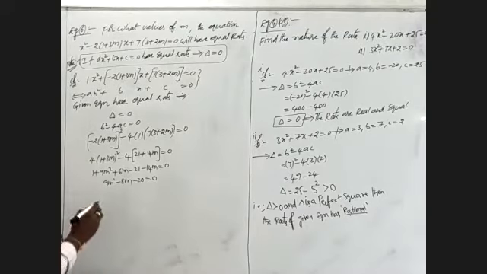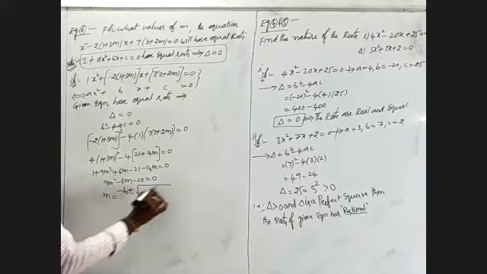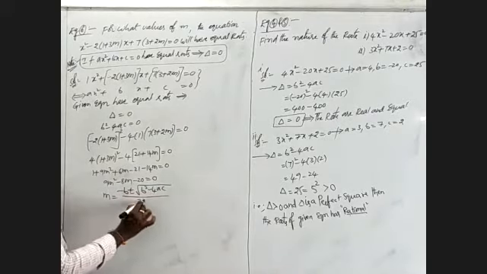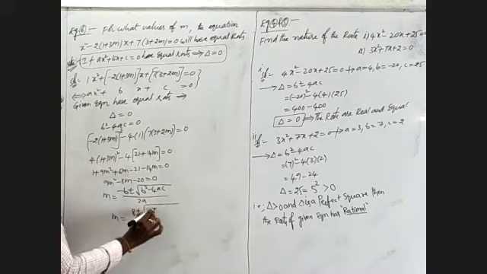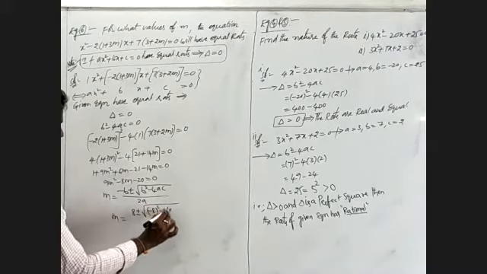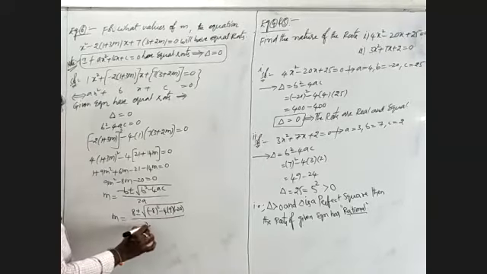The equation can be solved using the formula: m is equal to minus b plus or minus root of b square minus 4ac by 2a. That is m is equal to minus of minus 8 is 8, plus or minus root of minus 8 whole square minus 4 into 9 into minus 20, by the denominator 2 into 9.